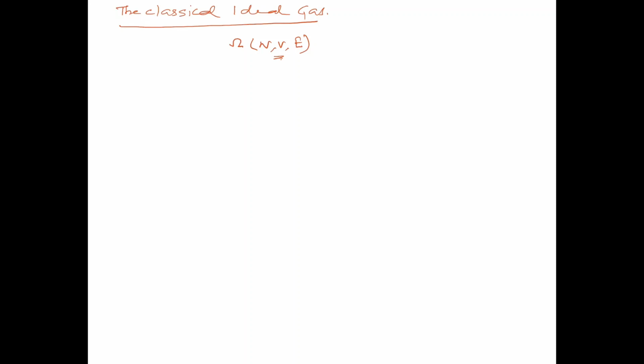Now, if there does not exist any spatial correlation among the particles, that is, if the probability of any one of the particles being found in a particular region of available space is completely independent of the location of the other particles, then the total number of ways in which N particles can be spatially distributed in the system will be simply equal to the product of the number of ways in which the individual particles can be accommodated in the same space independently of one another.